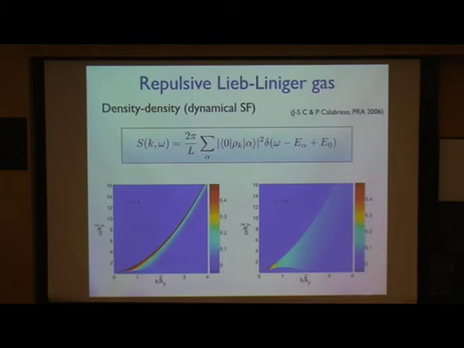Let me specify this a bit. Gamma is essentially the interaction, in the notation you have in the notes. Gamma is equal to the interaction parameter C divided by the particle density per unit length. So if you're at unit filling, gamma is equal to C, where C is the thing multiplying the delta function.